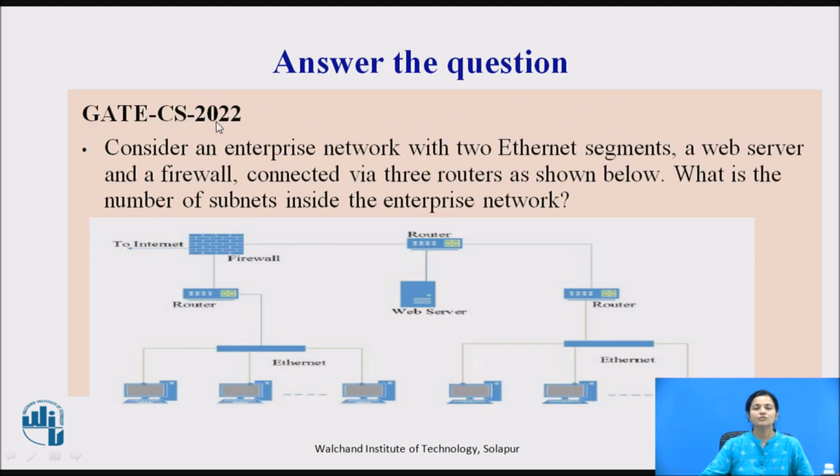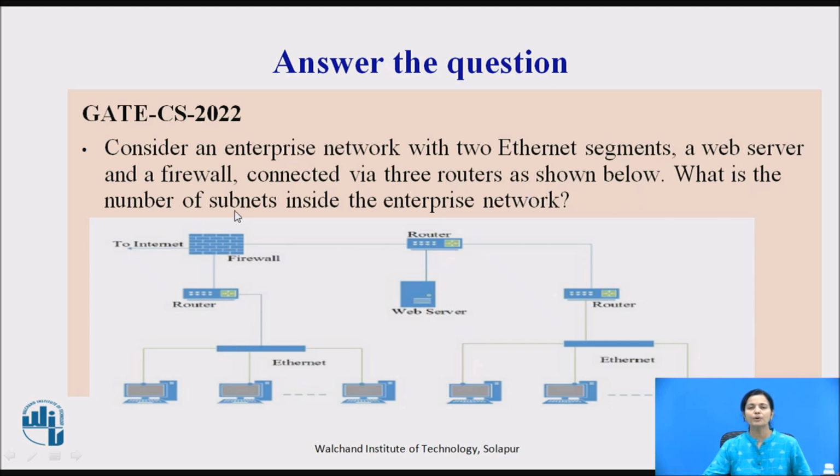Here we have a GATE 2022 question. You can see one enterprise, or one institute you can say. Consider the enterprise network with two Ethernet segments, a web server and a firewall, connected via 3 routers, as shown below.